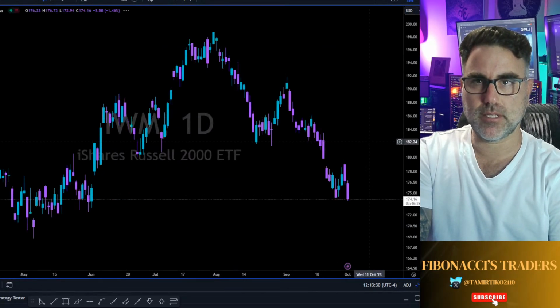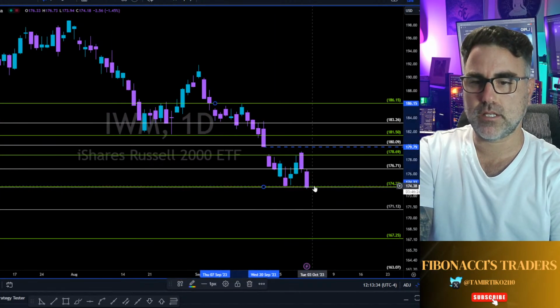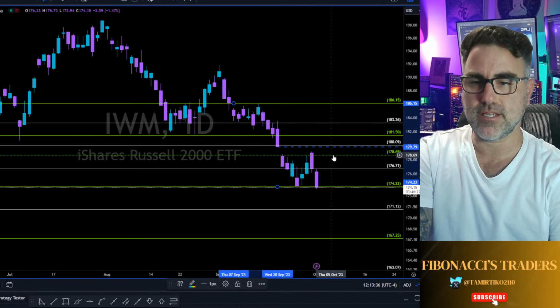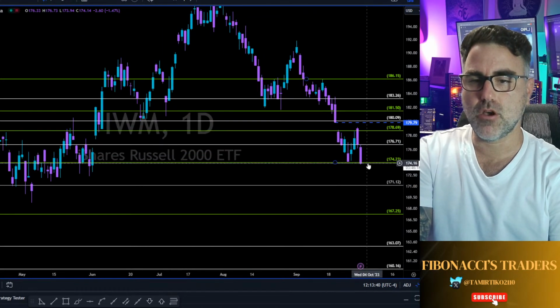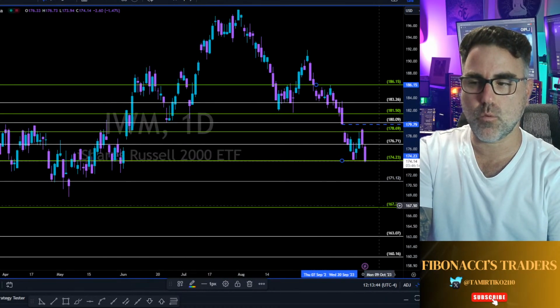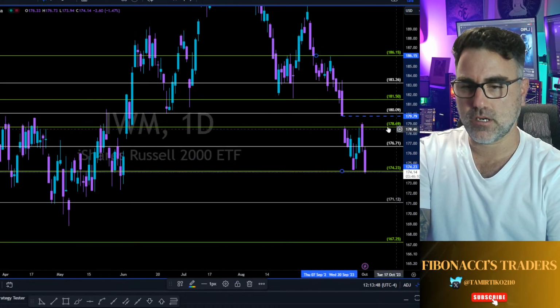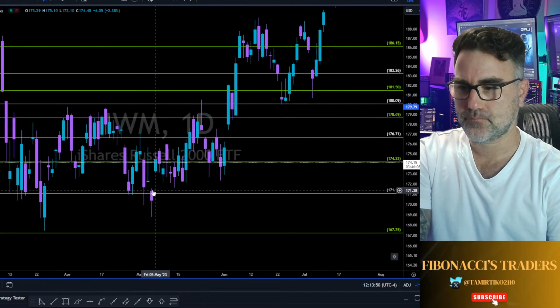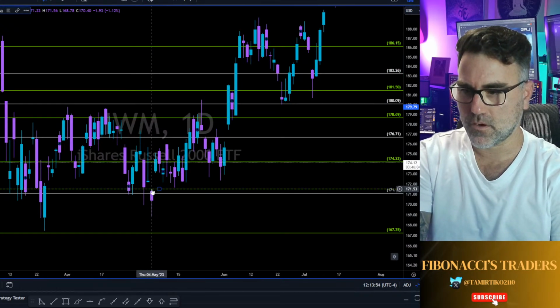Let's see the IWM on the daily. Between the 174 and the 178, this gap is still open. Closing the daily below the 174, 171 to the downside, and then 160, and we have also a gap over here. Now that I see, how did I miss this gap before?